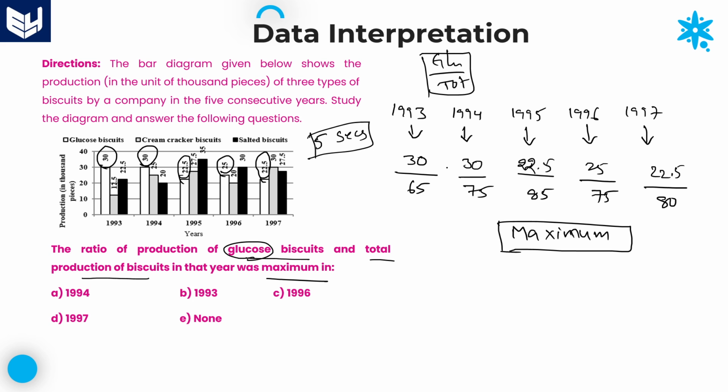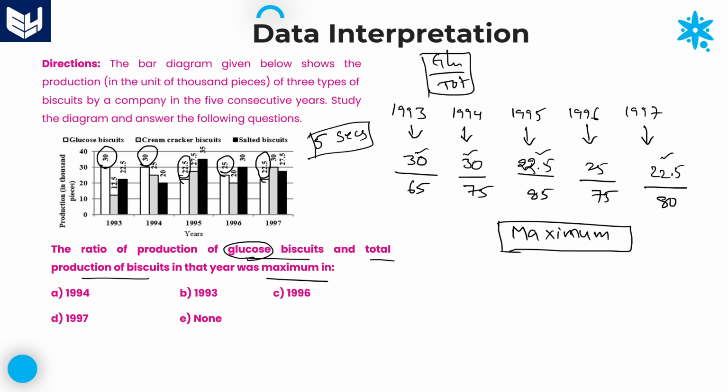Now, first of all, check whether any numerator values are equal or not. If you observe carefully, the 93 and 94 numerator values are the same. Similarly, the 95 and 97 numerator values are the same.